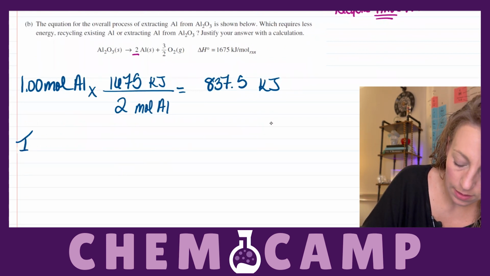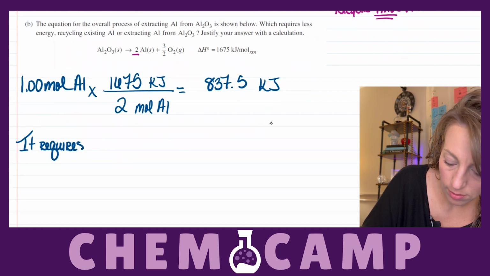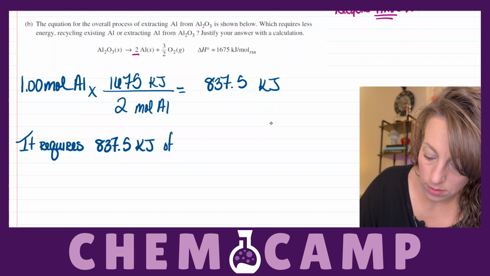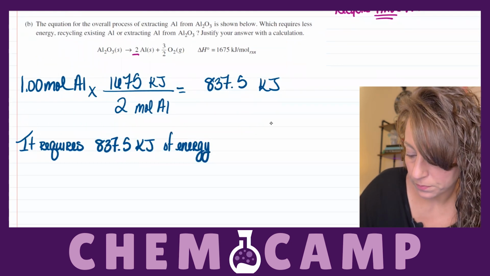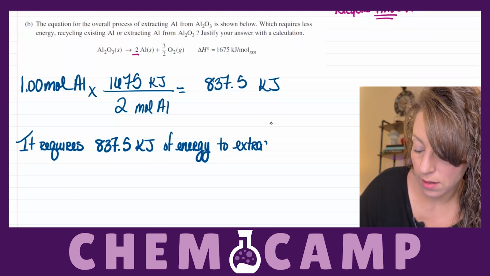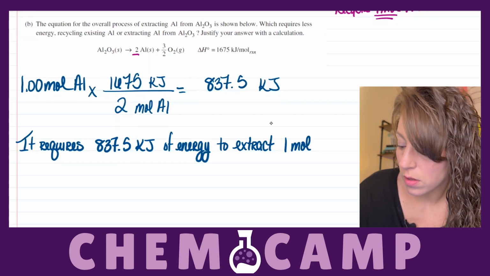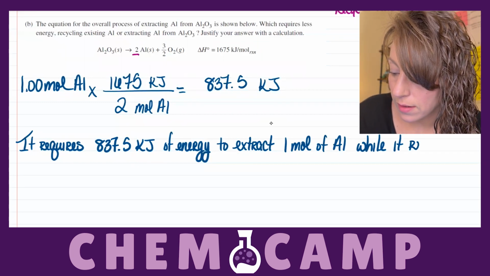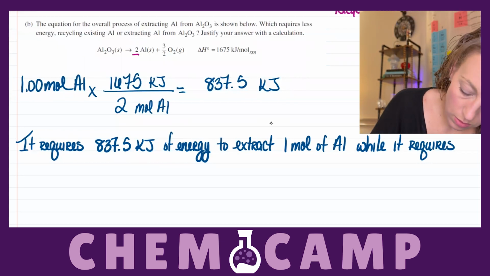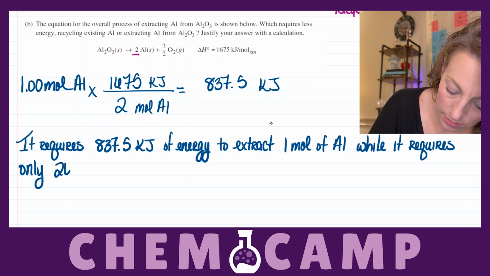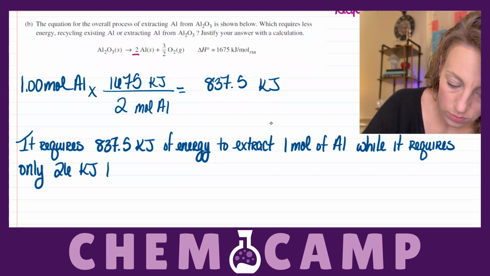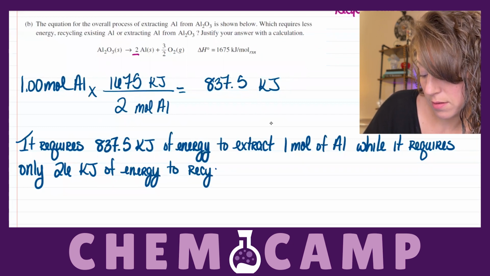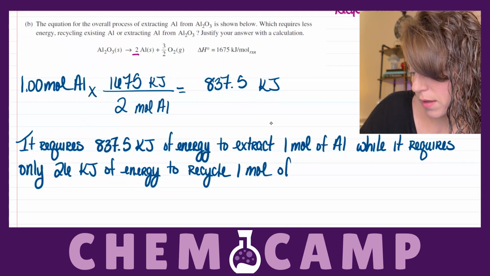So it requires 837.5 kilojoules of energy to extract 1 mole of Al, while it requires only 26 kilojoules of energy to recycle 1 mole of Al.